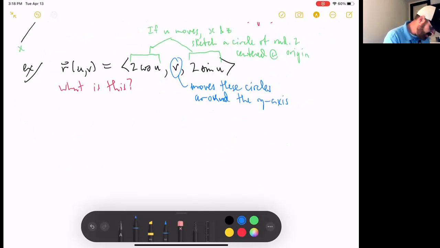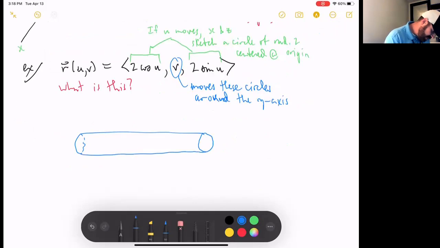Okay, so let me just try to draw this. Here's these tubes, and let me try to very judiciously draw this. So there's the z-axis, here's the y-axis, and then x is going to come out like this.